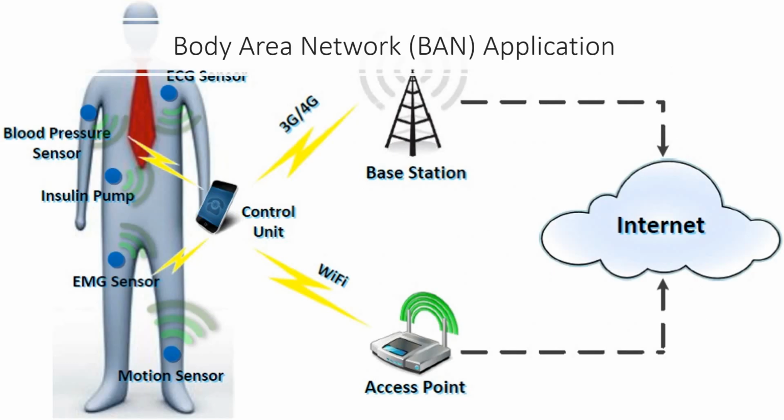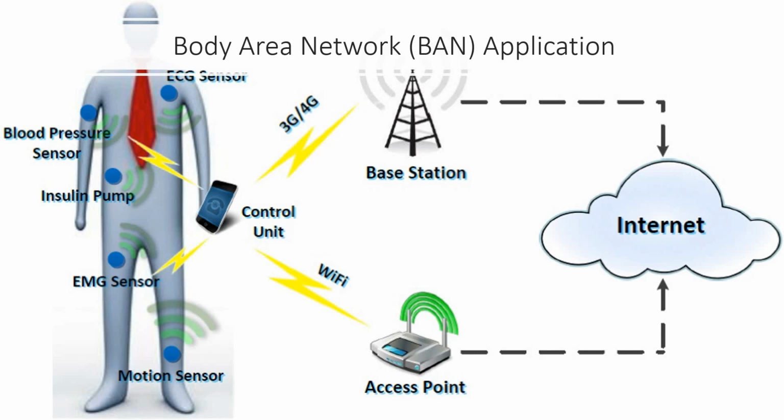So this is an example of a body area network application. As you can see, this network has an ECG sensor, a blood pressure sensor, an insulin pump, an EMG sensor, and a motion sensor. These are all distributed throughout the body, and there's a control unit, which in this case is a smartphone.